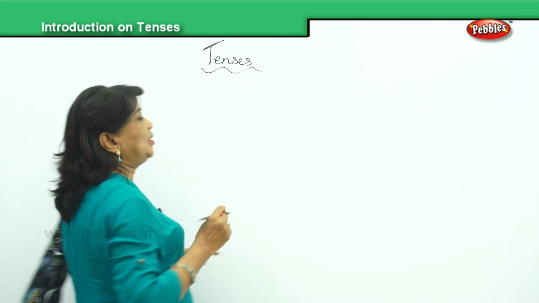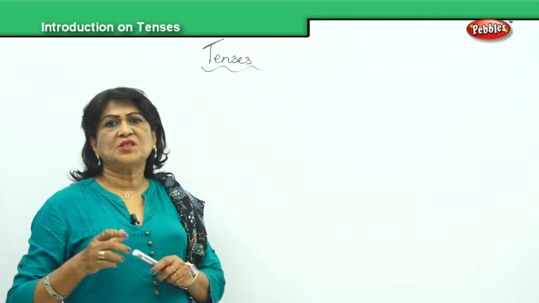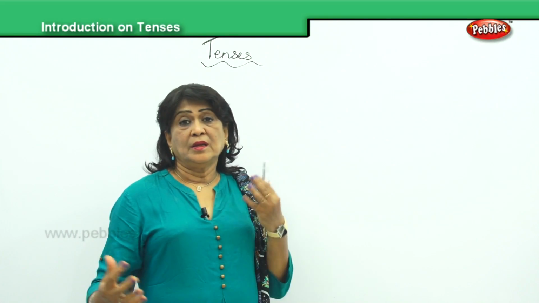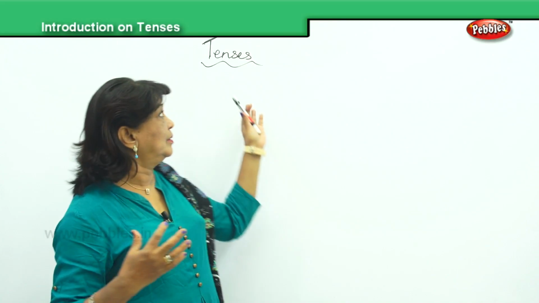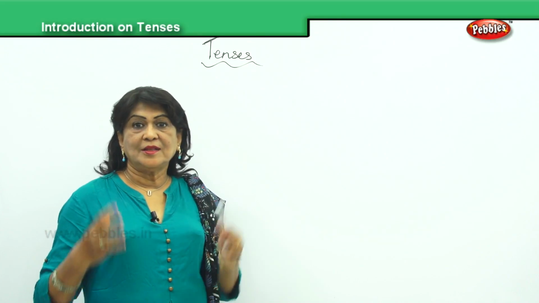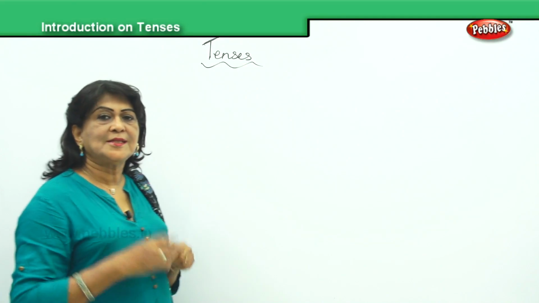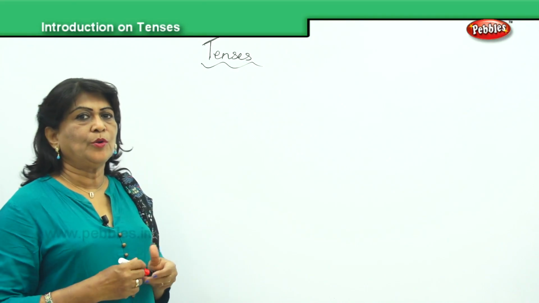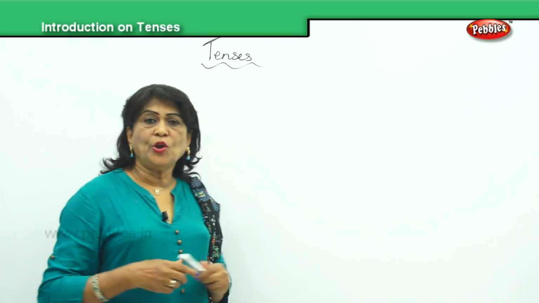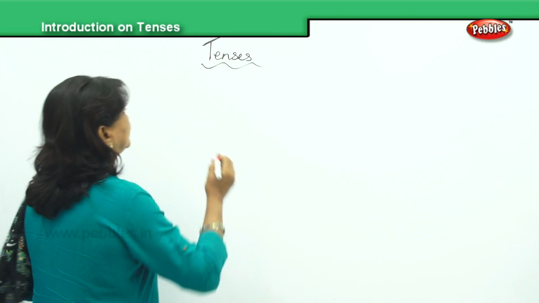Okay. Now, you may wonder what this tense is all about, and I hyped up the whole topic. I said this is very important and all that. Let us see how this tense plays a very important role in the learning of English language.